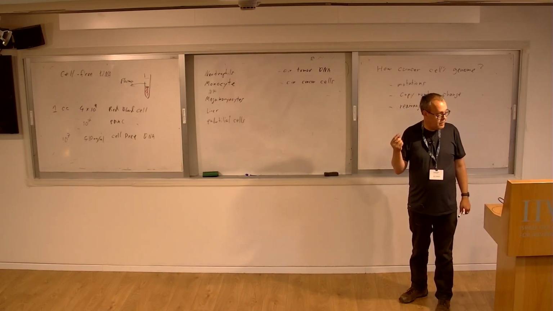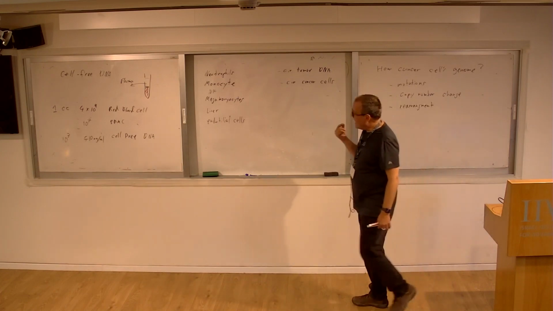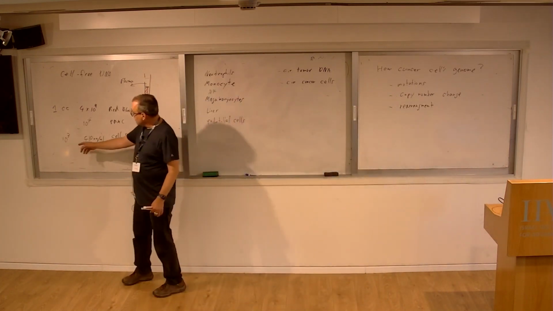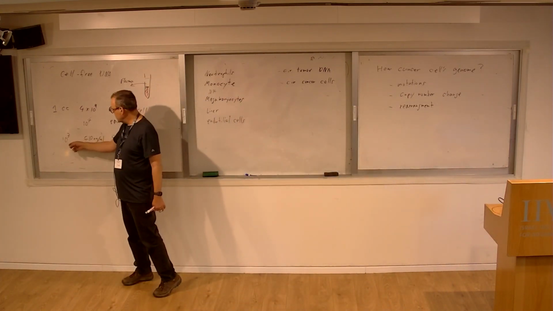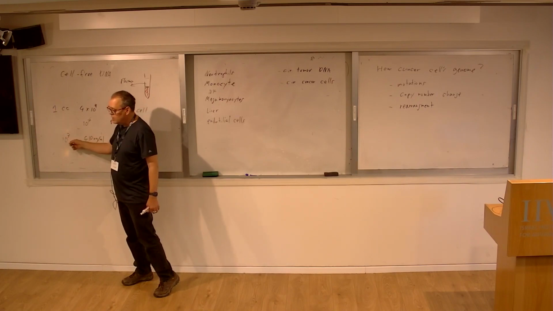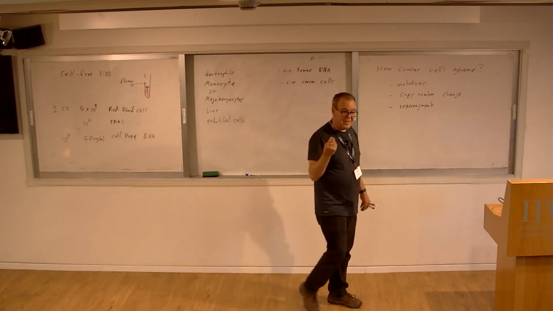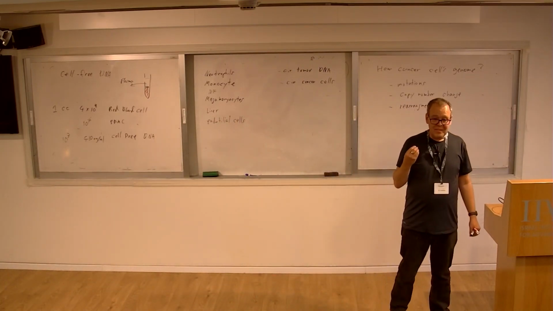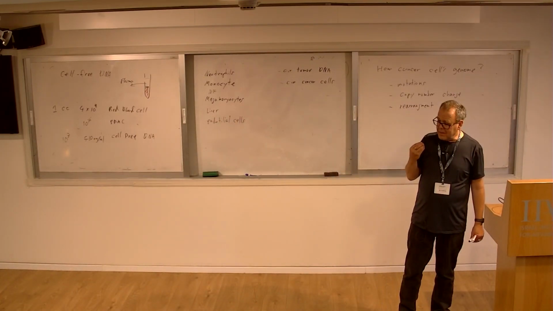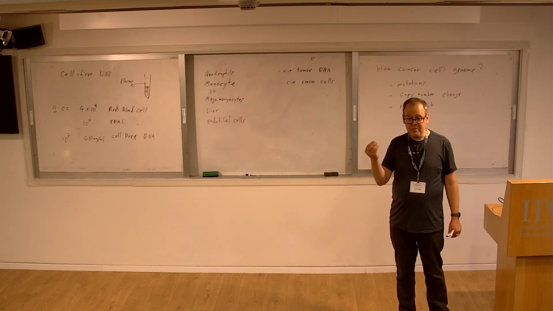Okay? Now remember, we have about 1,000 genomes or 2,000 diploid genomes in a ml of plasma. So 1 or 2 or 5 of those genomes come from cancer cells.